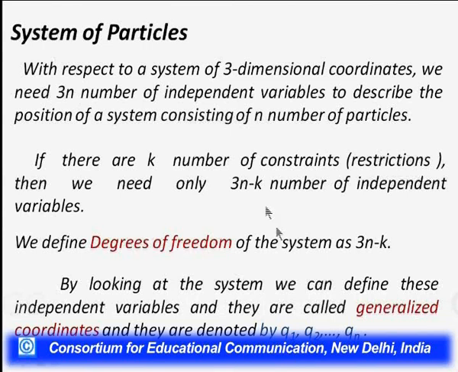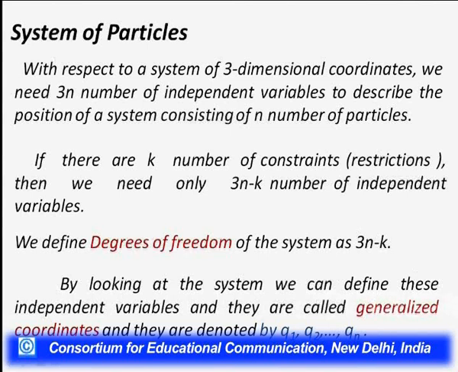Now, if we have k constraints, or k restrictions, then we define it by 3n minus k independent variables. We define the degree of freedom of the system as 3n minus k.